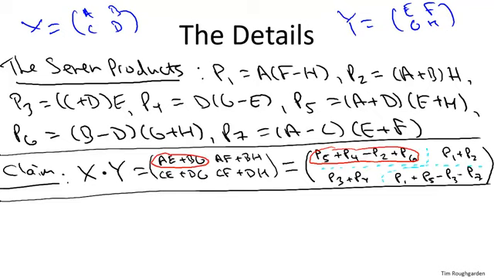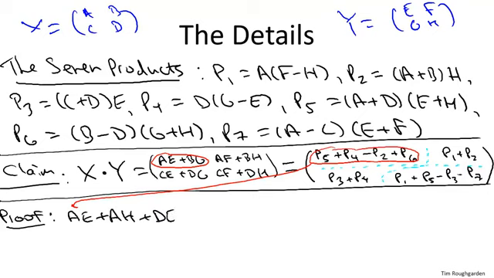So let me, just so you believe me, because I don't know why you would believe me unless I actually showed you some of this derivation, look at the proof of one of the cases, the upper left corner. Let's just expand out this crazy expression, P5 plus P4 minus P2 plus P6. What do we get? Well, from P5, we get AE plus AH plus DE plus DH.